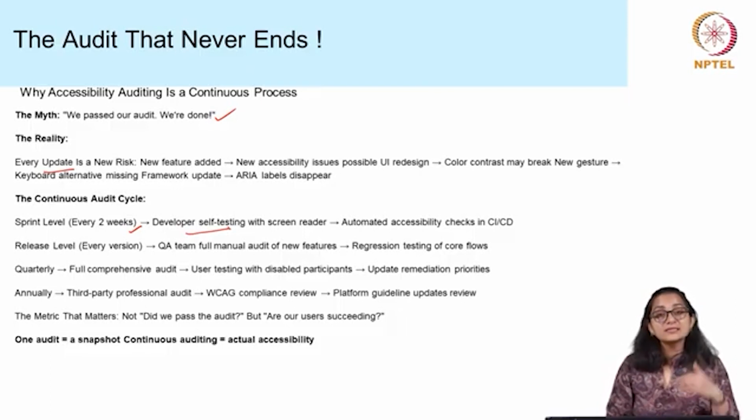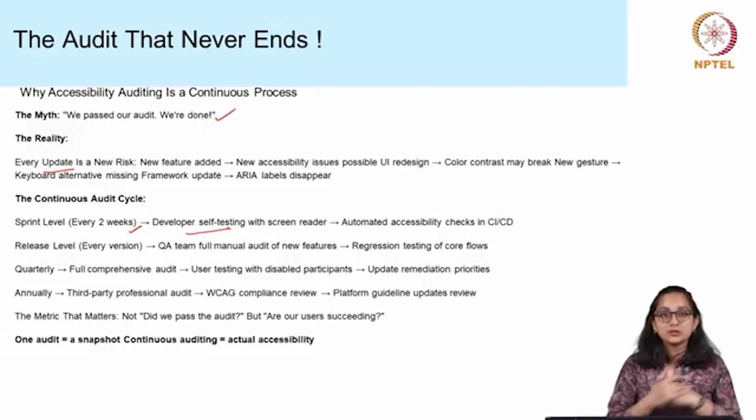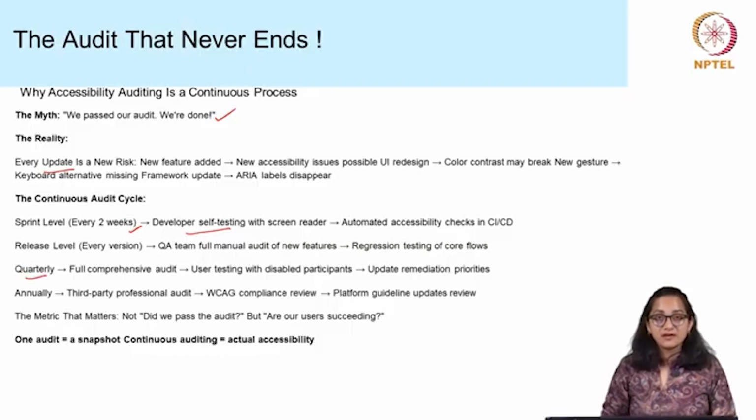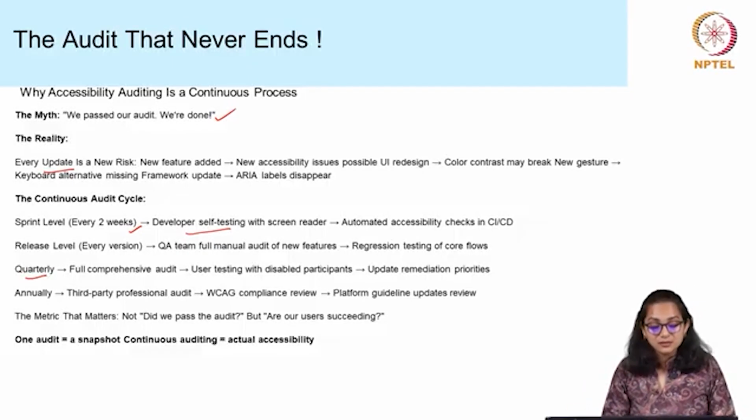Then there is a release level: every version, every update, there is a full QA with manual, user and automated testing. And after the release, there is a comprehensive audit every quarter, which includes testing with disabled participants and updating remediation priorities.